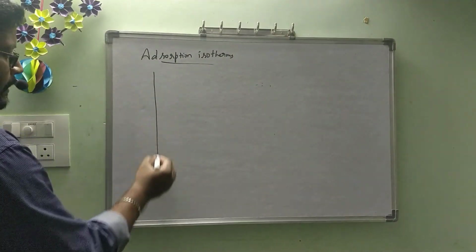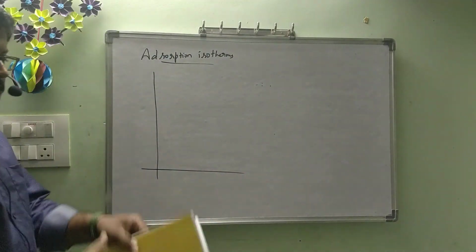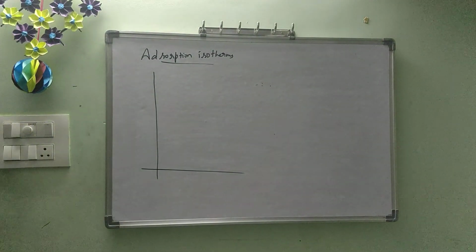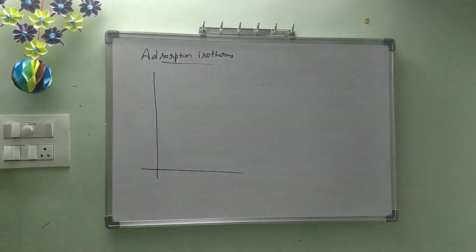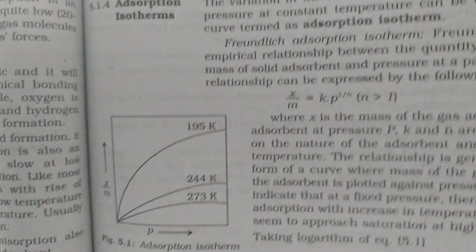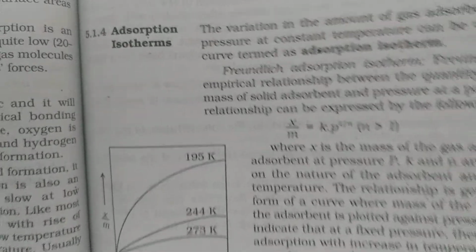Once observe this diagram in your textbook. What are the temperatures they mentioned? 195 Kelvin, 244 Kelvin, 273.